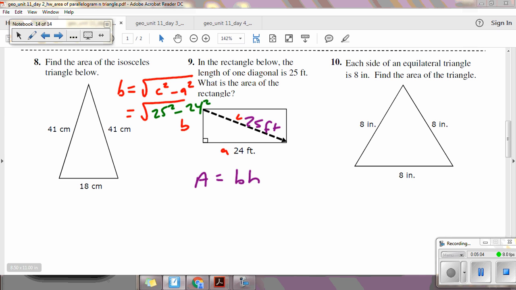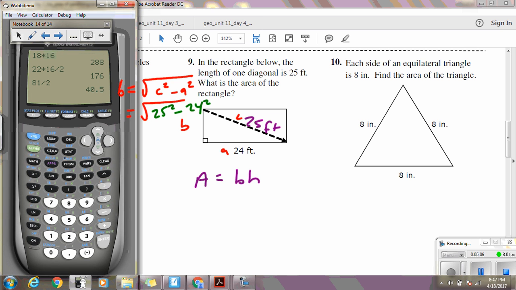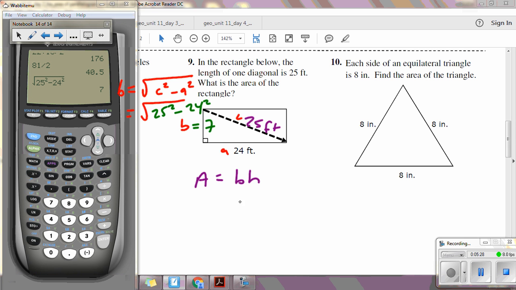And put it in the calculator just like that. You get 7. So 7 is B.